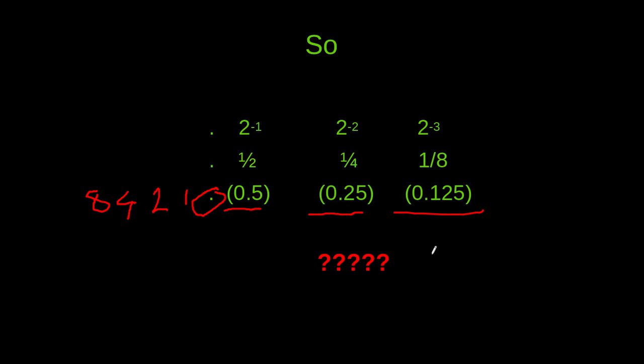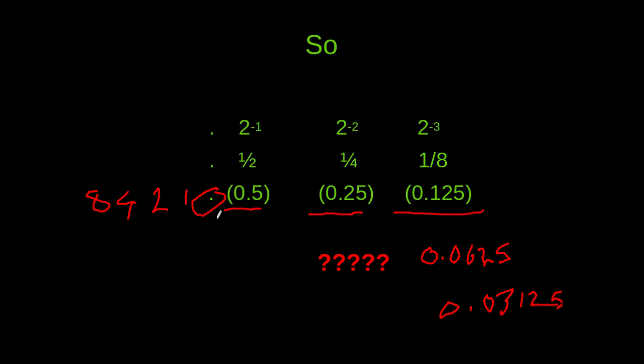The next number is going to be 0.0625. If I divide this by 2, it's 0.03125, and we keep going.